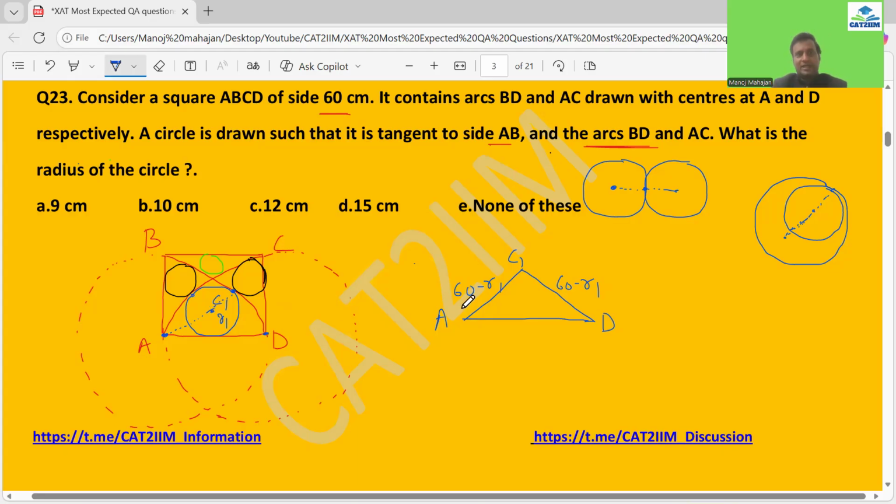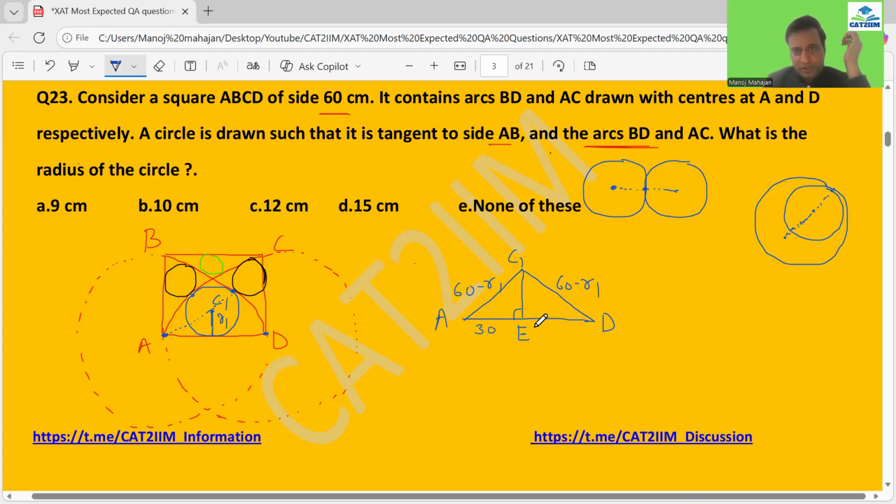So we actually get AC1D as an isosceles triangle. If you drop a perpendicular from here, of course AD would be a tangent out here, right? Let me write this as point E. In the isosceles triangle, if you drop a perpendicular from the vertex where the equal sides meet, this would be a perpendicular bisector also.